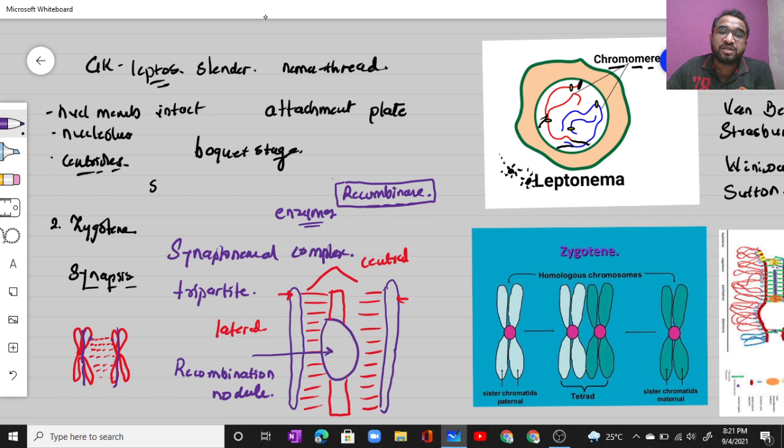Central elements are present in between the two homologous chromosomes, and the lateral elements are present between the chromatids of the same chromosome. Right, and there is a recombination nodule. So now these two homologous chromosomes are patched up with one another, so that the next stage, the packaging stage, and the crossing over and recombination can happen successfully. Okay, now let us move on to the next phase.